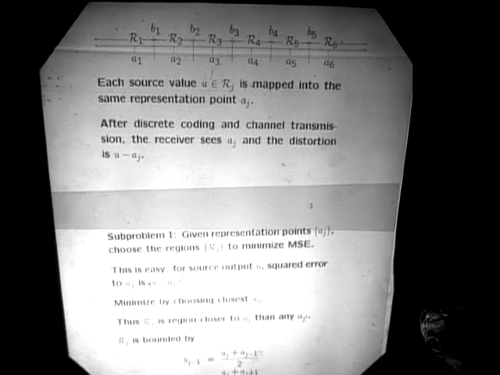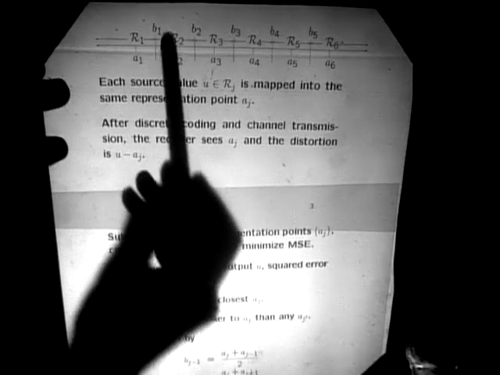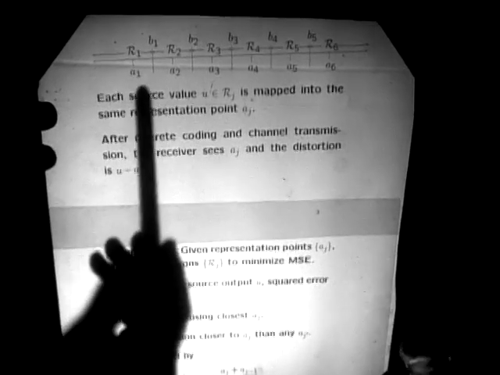And the answer is, let me not think about the regions here, but let me think about a particular value that comes out of the source. Let me think, how should I construct a rule for how to take outputs from this source and map them into some number here?